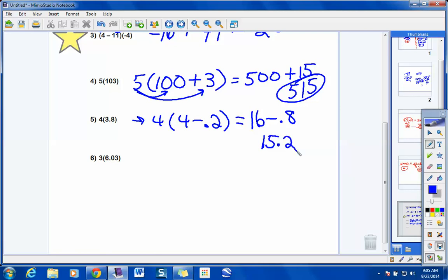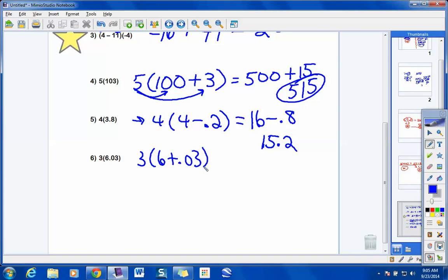Okay. What's 6.03 really close to as a whole number? Closer to 6, isn't it? How are you going to rewrite 6.03? What plus what? So 6 and 300, so 6 plus what? Point. Point what? 0.03. There you go. So this becomes 3 times 6 plus 0.03.